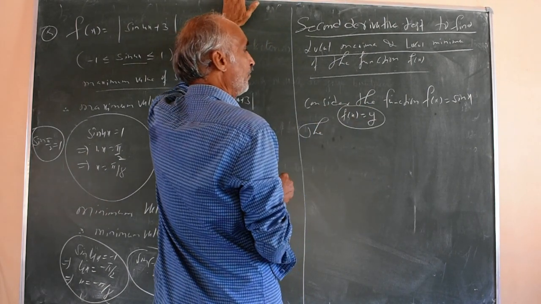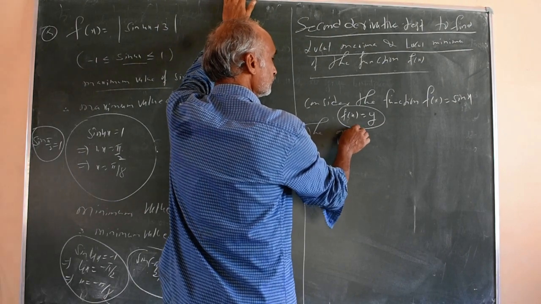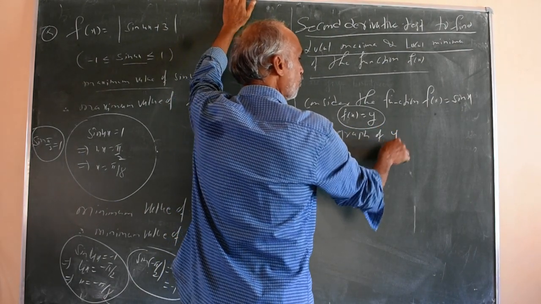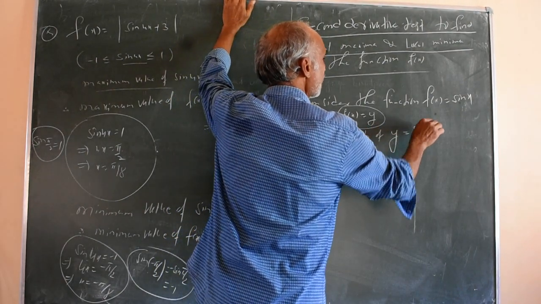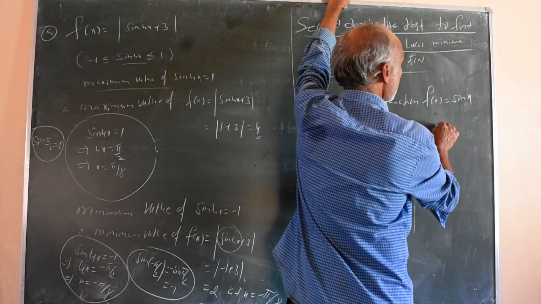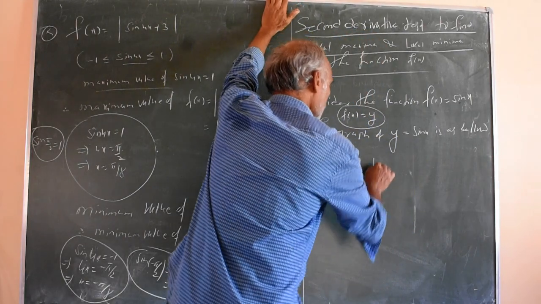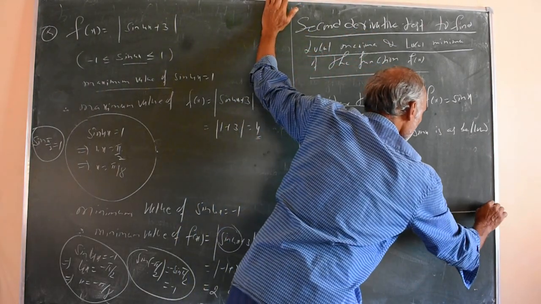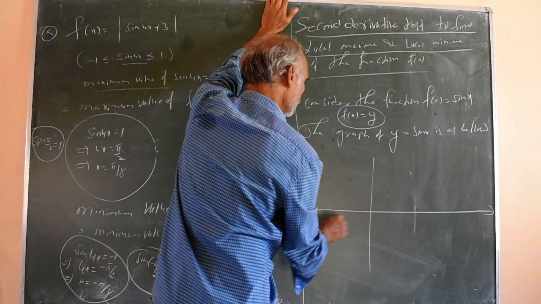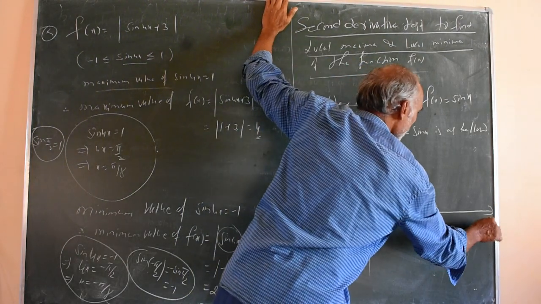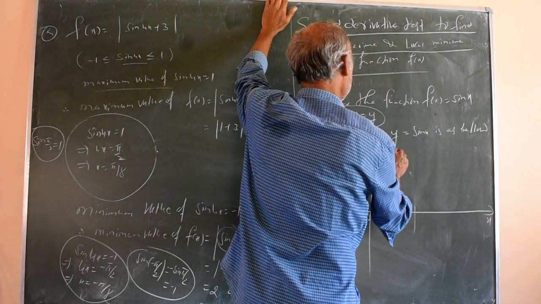The graph of y equals sin x is as follows. These are the x values, and these are the y values, where y means f of x.